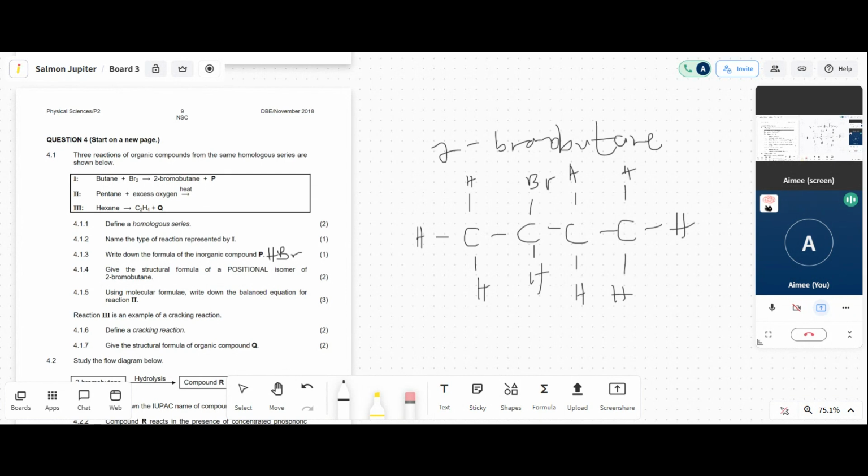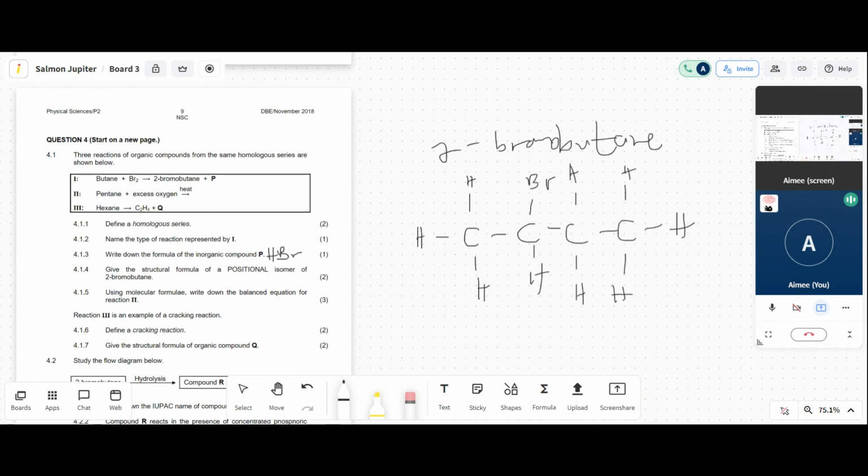Okay, so again, something that you either know or you don't know. Chemistry is harsh like that, okay? But your cues here are excess oxygen and heat.